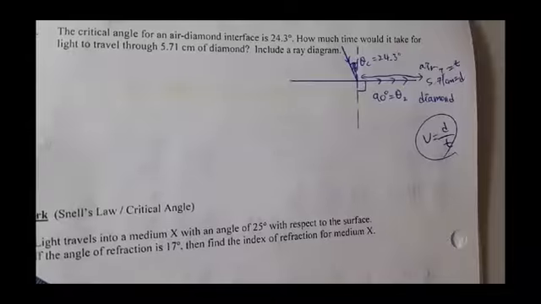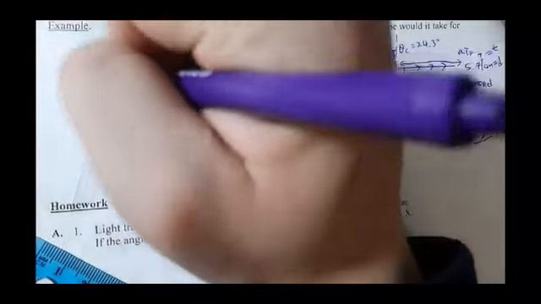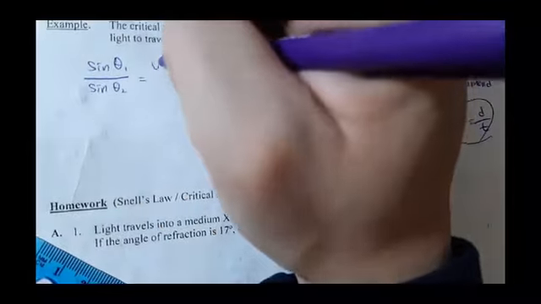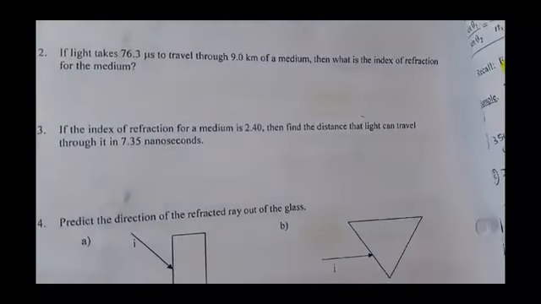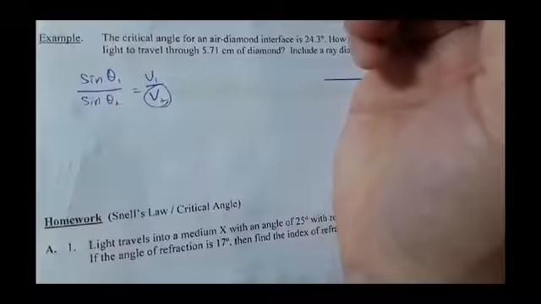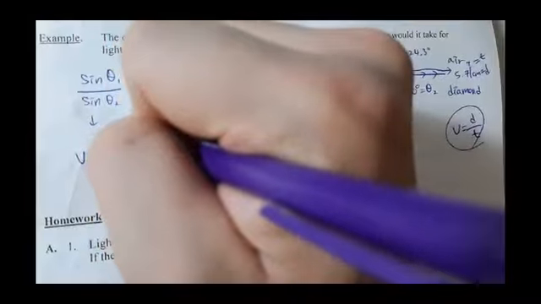Let's go with our formula: sine theta 1 over sine theta 2 is equal to v1 over v2. Let me quickly double check. It is correct. v2 is what we need to figure out, so modify this: v2 is equal to v1 sine theta 2 over sine theta 1.